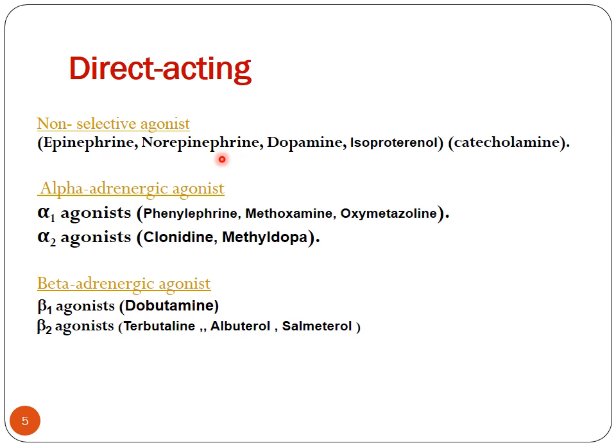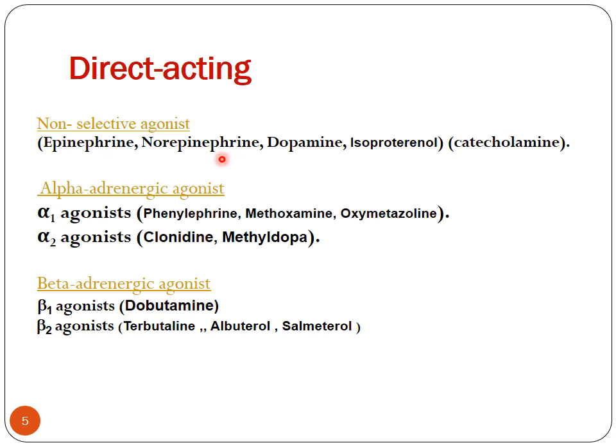It will cause extensive stimulation of the alpha 1 receptor and cause extensive vasoconstriction and an increase in the blood pressure. Theoretically, we can benefit from this feature, for example, to raise the blood pressure in case of hypotension. But practically, it is not applied.